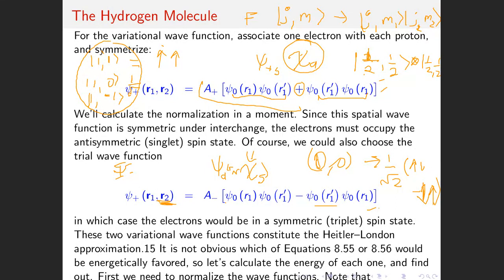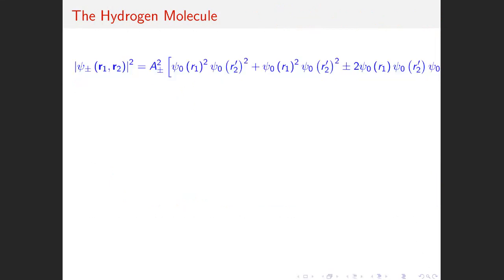And if you had chosen this to be symmetric, then this will have to go with the other one. But for now, we're not going to worry about that. For now, we are just going to try and find what those normalization constants are.